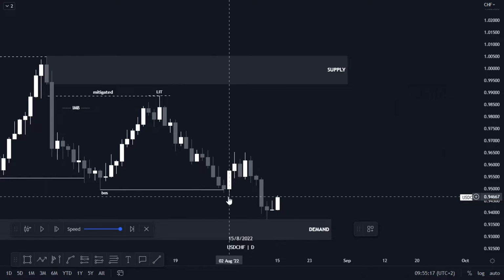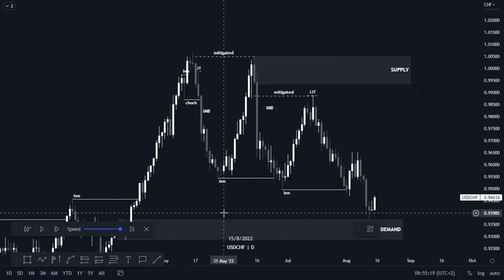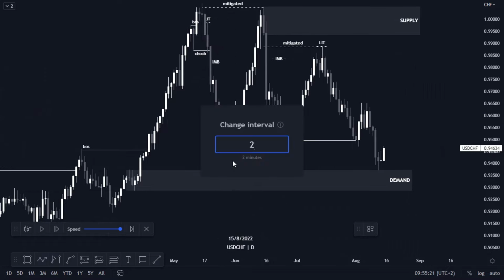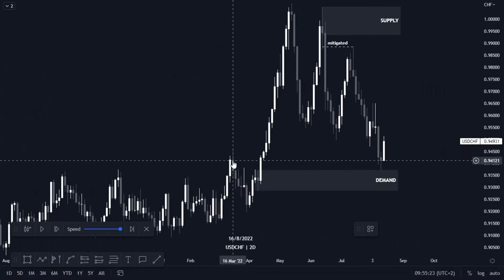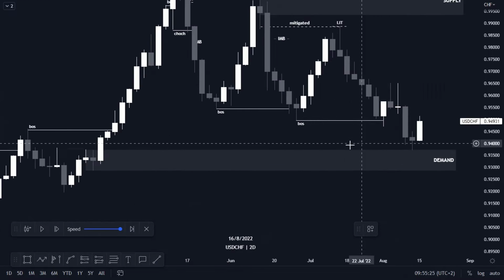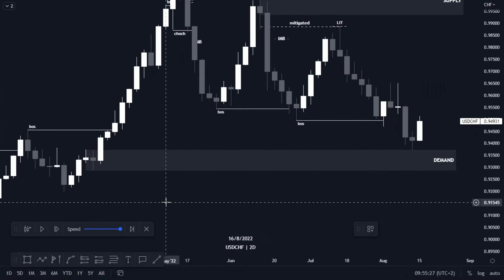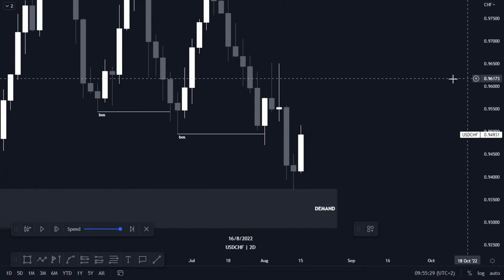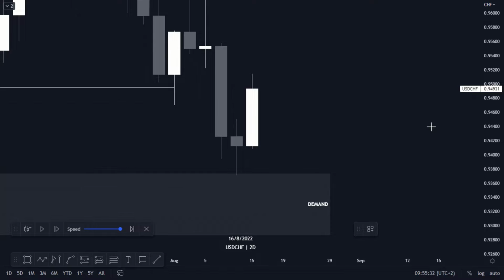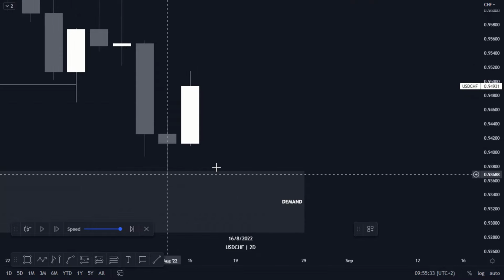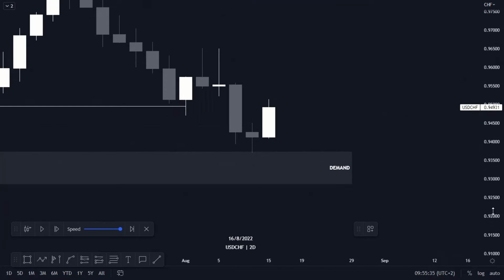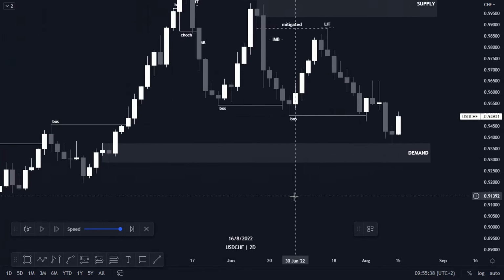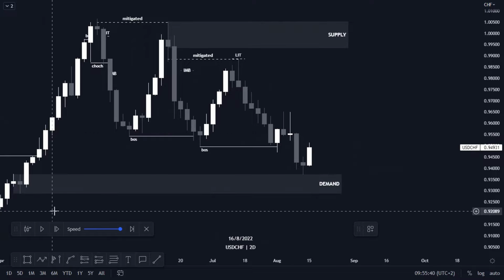The market goes on and taps into our 2-daily demand area. As you can see, we have this beautiful demand area here, and let me zoom in. This is a zero drawdown trade. The market taps into our demand area, and let's see what happens.